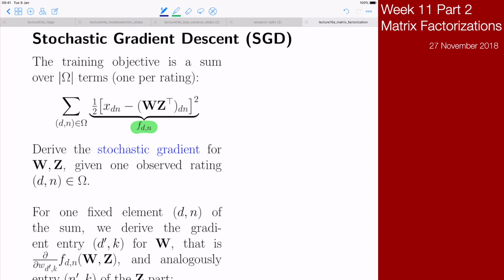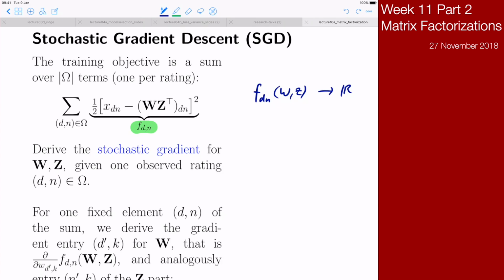They take your parameters, both these matrices W and Z, and they map them to a number. So yes, we have many functions. How many? Just the number of observed entries.